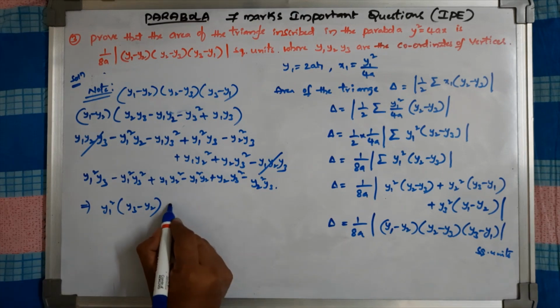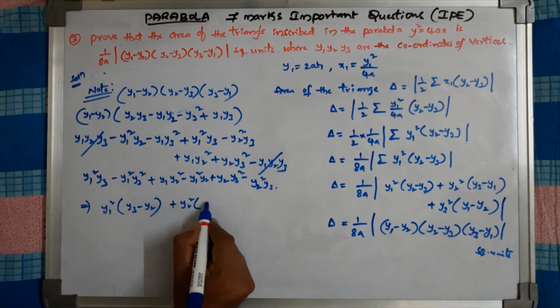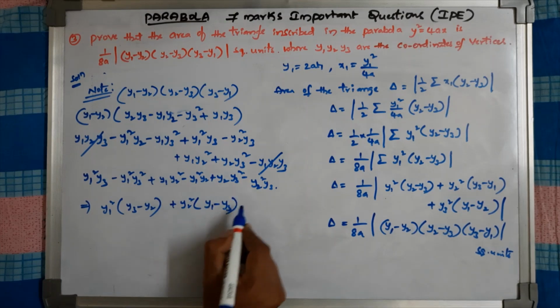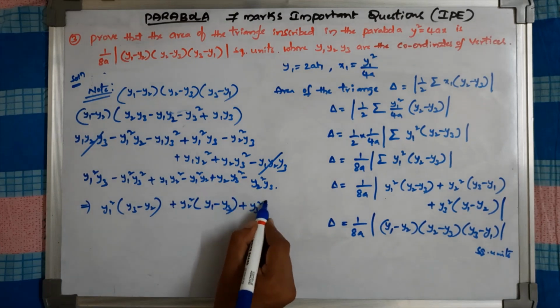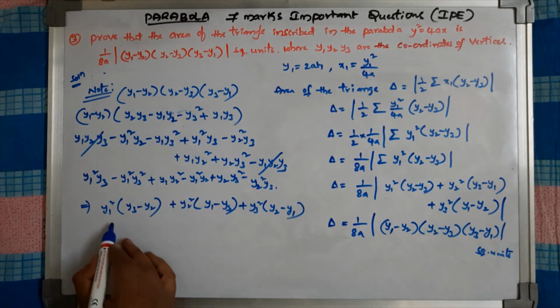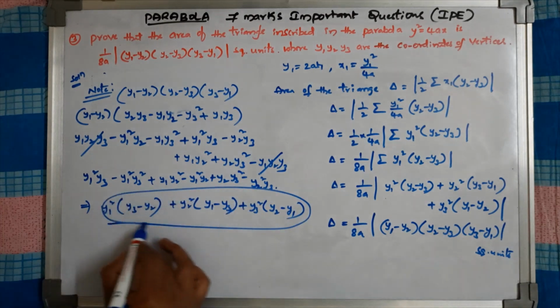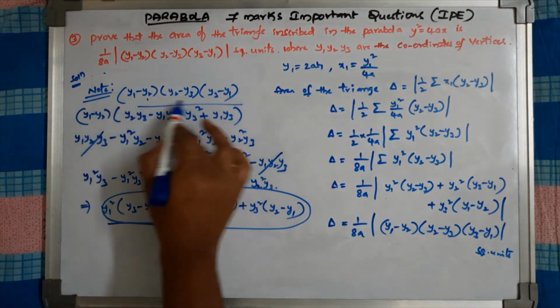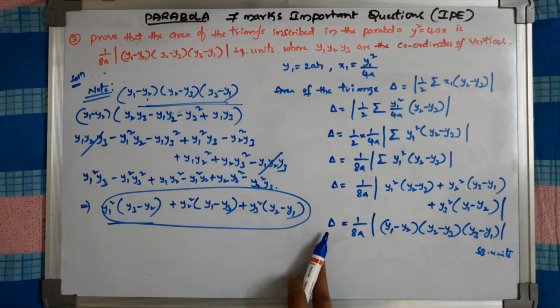Next if you take y2² common, (y1 minus y3). If you take y3² common, (y2 minus y1). So you can write this one as this, so that the area of the triangle inscribed in the parabola y² equals 4ax is 1 by 8a modulus (y1 minus y2)(y2 minus y3)(y3 minus y1) square units.